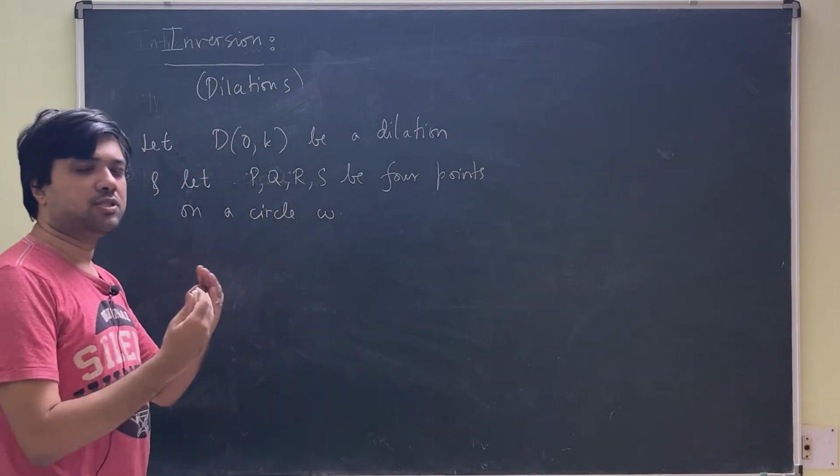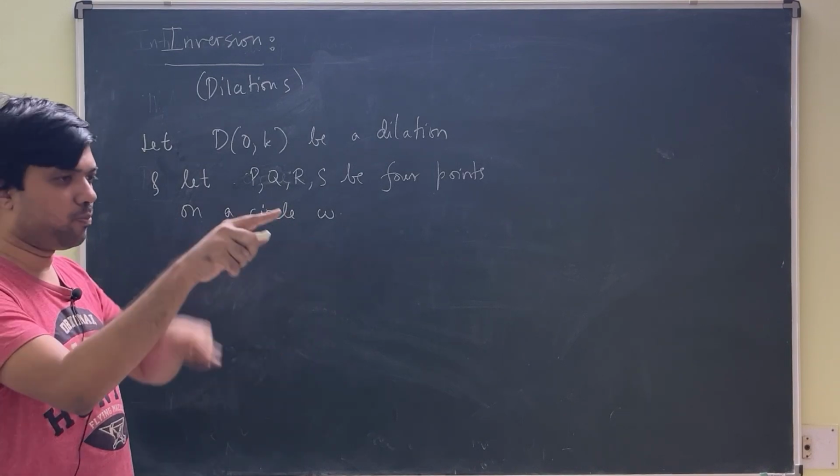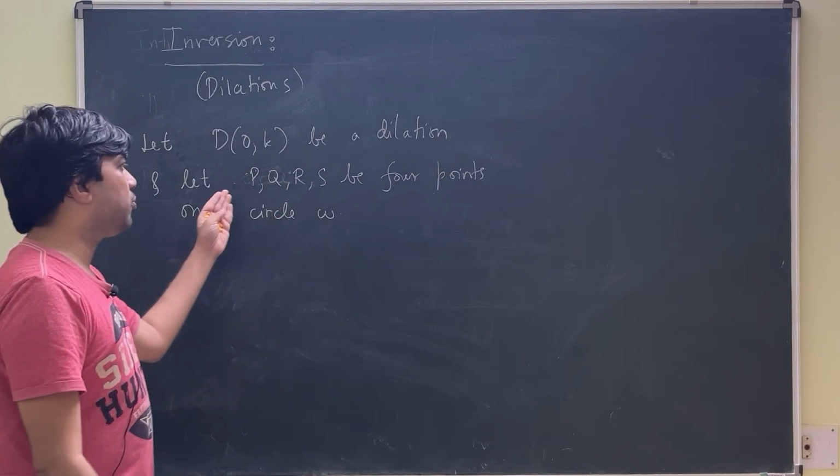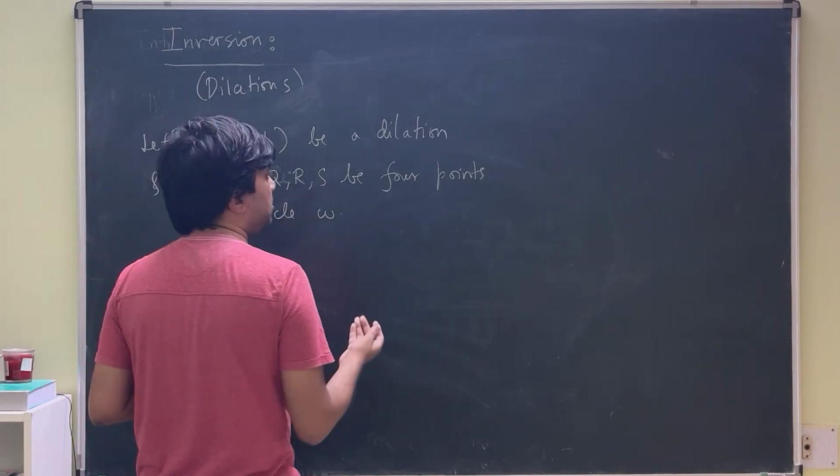So I want to know how the circle omega transforms under dilation. So take that circle omega, pick 4 points on that circle. Let's say the 4 points are P, Q, R, S. Now I want to know what happens under dilation.